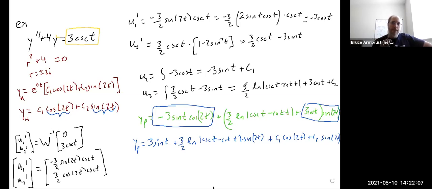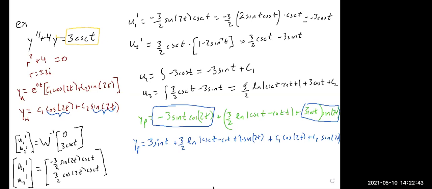Let's generalize it so that I can do it every time, not just when it's cosecant of t, not just when it's these specific functions. Is there a way for me to take this method and just go, let's always do it this way? And the mathematicians went, yep, there totally is. So let's break it down and see if we can build how we do this in general.